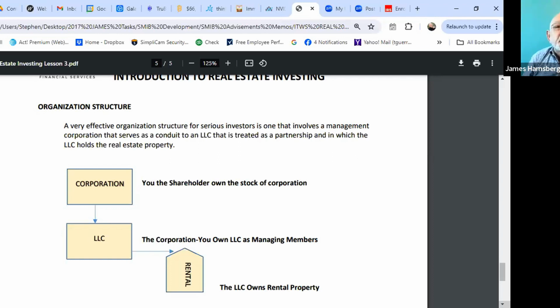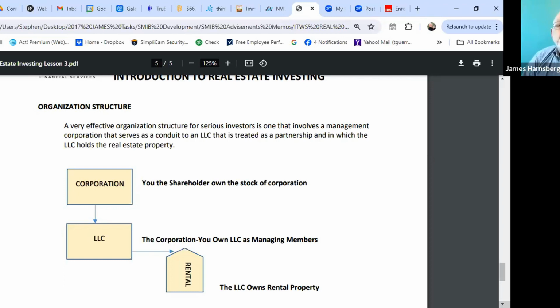The operating agreement is set up because the IRS agent is going to want to see a copy of the operating agreement, and they're going to be checking for this. Basically, the corporation would own 10% of the shares of the LLC, and you and your spouse would own 90% of the shares of the LLC. And all of you, the corporation, you and your spouse, are the managing members.